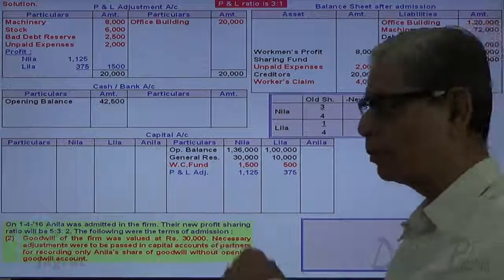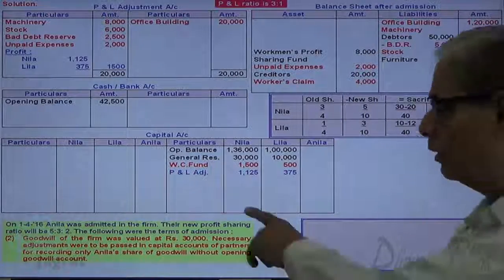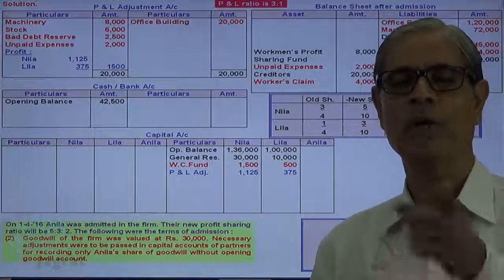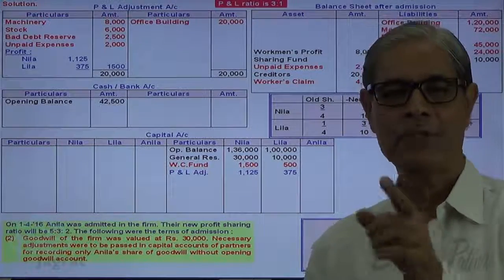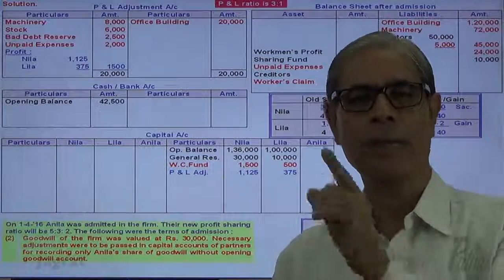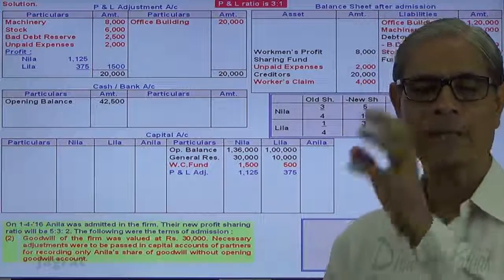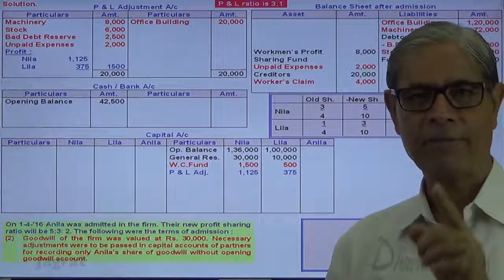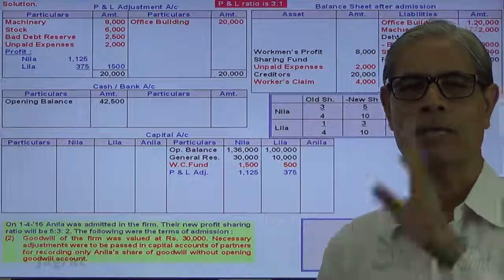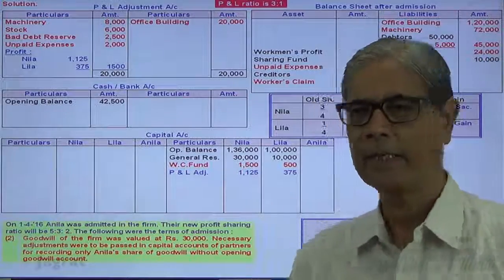Now total value of goodwill is 30,000. Goodwill is to be adjusted to the capital accounts of the partners. The partners who have gained in a share of profit have to pay for the gain in the asset known as goodwill. And when they have to pay for the gain, the gainer partners' capital accounts are debited and the sacrificing partner's capital account is to be credited.